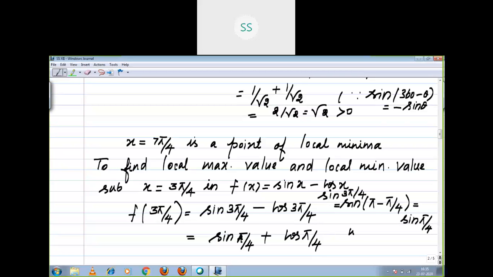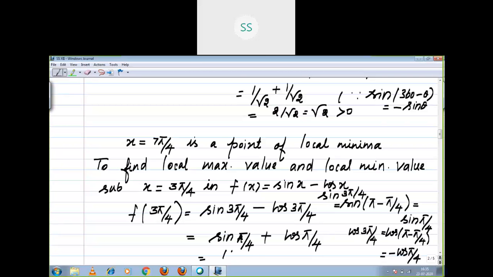Next, cos 3 pi by 4 equal to cos pi minus pi by 4, which is equal to minus cos pi by 4, because it is a sine house. The other function will come under the quadrant, which means it will act as negative.